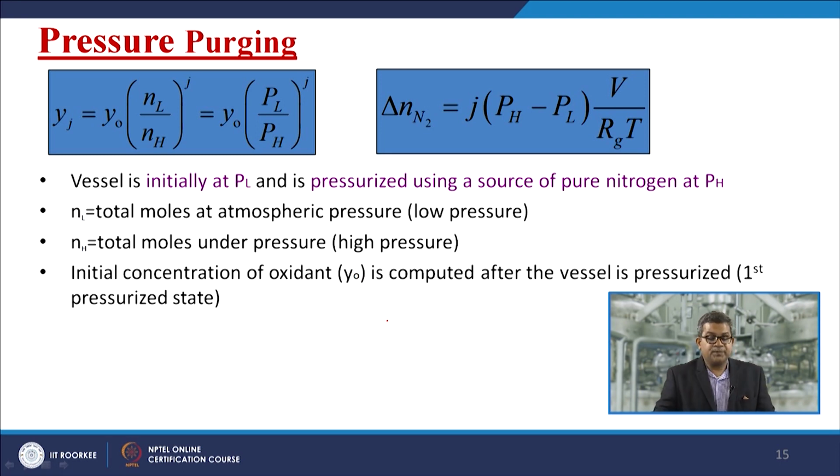The vessel is initially at, say, PL and is pressurized using a source of pure nitrogen at PH. NL is the total number of moles at atmospheric, that is low, pressure, and NH is the total number of moles under high pressure. In this way you can calculate the number of moles of inert gas needed for pressure inerting.